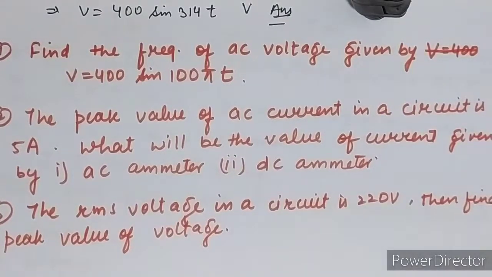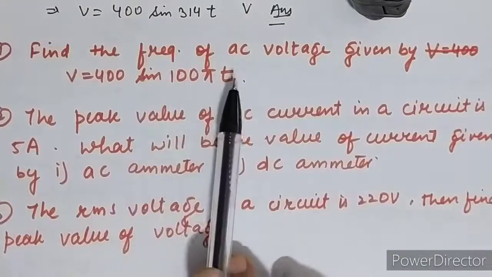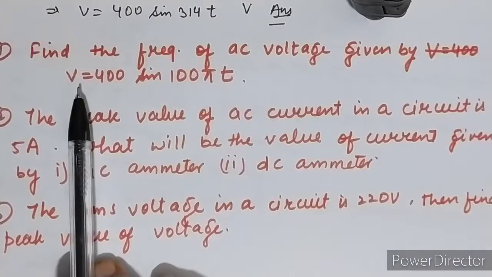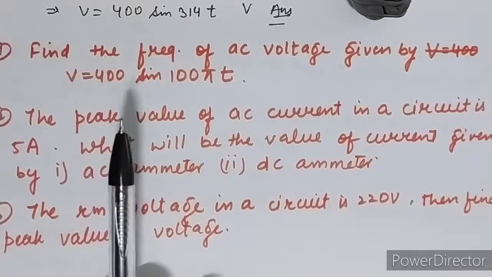These are the three questions, beta, and they can be solved in 2 to 3 steps. In the first question, you have to find the frequency of the AC voltage. What is the value of V, beta? The instantaneous value. V is equal to Vm sin omega t.